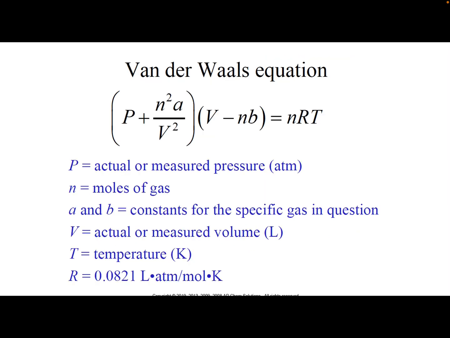And what the van der Waals equation does is it adjusts for extremes of pressure and low temperature. So you may see something like this on the AP exam. This is PV equals nRT, and then these are the corrections that need to be made at extreme conditions of pressure and temperature when a gas acts less ideally.